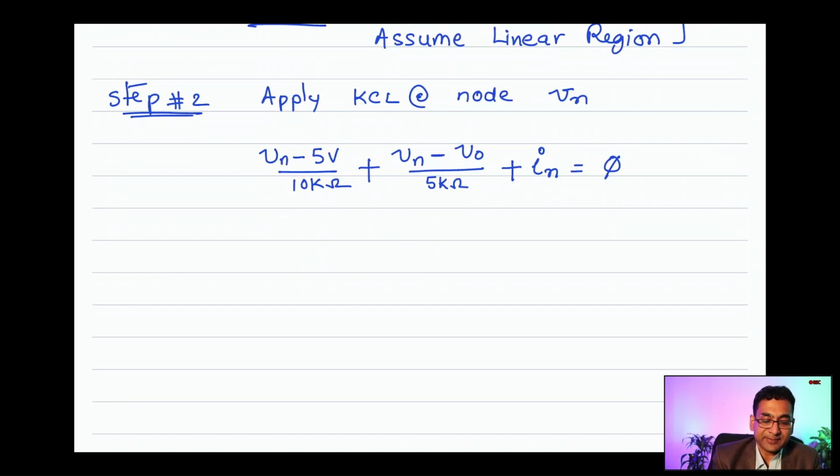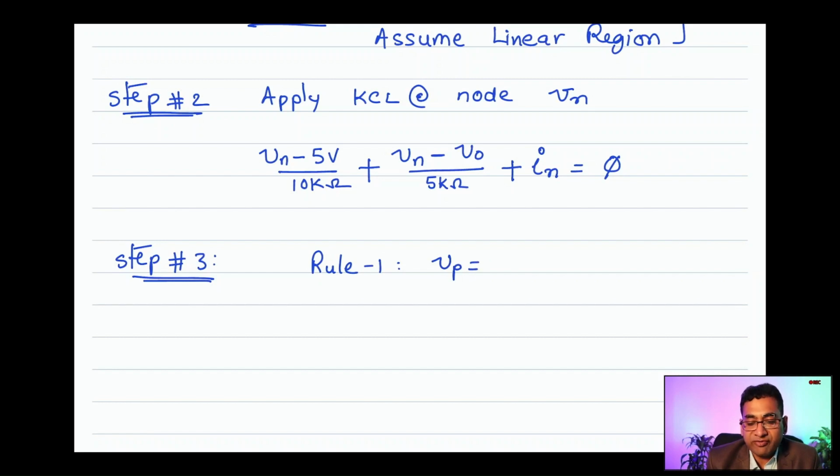What is step number 3? Step number 3 is apply the voltage and current constraints, or just apply the rules. Rule number 1 is that Vp equals Vn. Rule number 2 is Ip equals In equals 0.